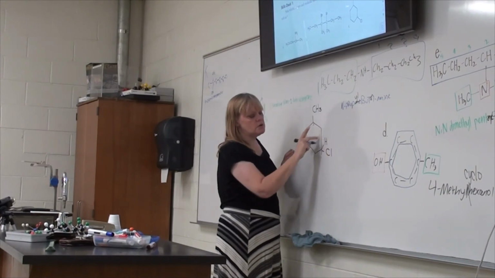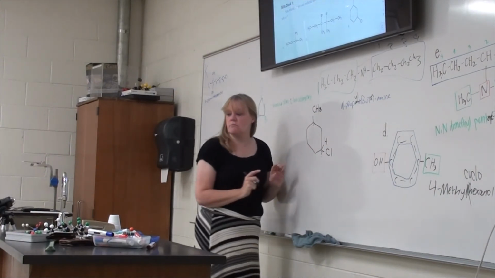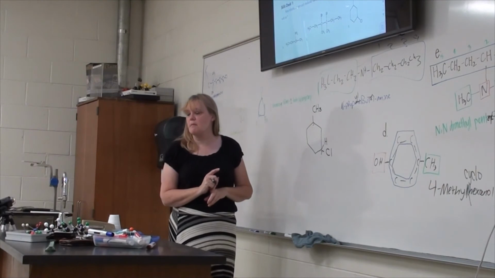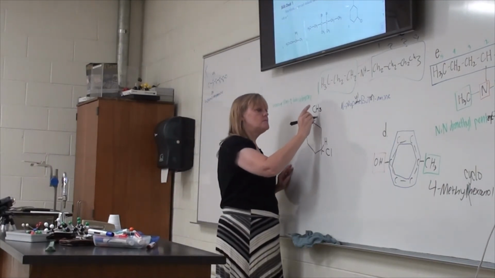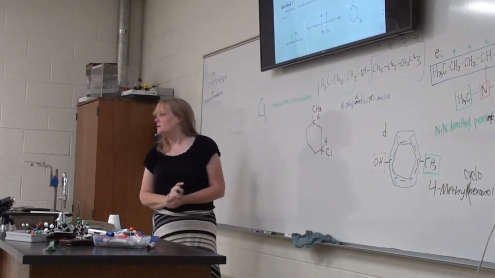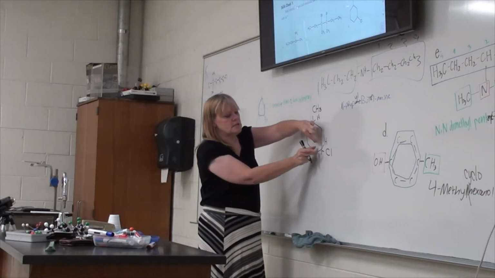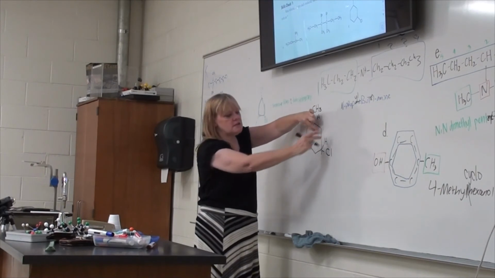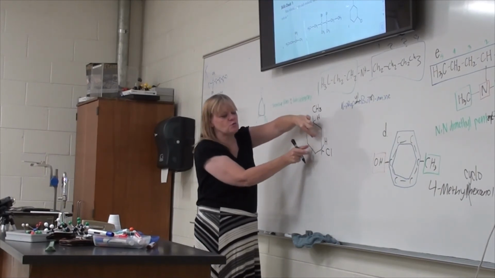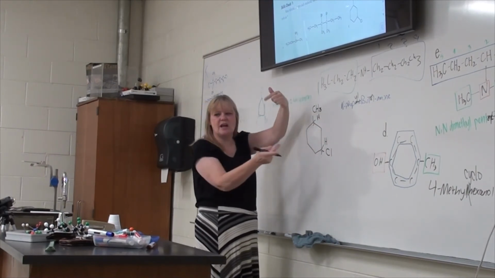Since that had 3 bonds, that means there's a 4th here that's a hydrogen. And the same thing here. Okay, now it's trickier here because it's hard to see what your 2 other groups are. You see you've got a hydrogen and a chlorine. What are these groups here? It's a ring. How do you do that?